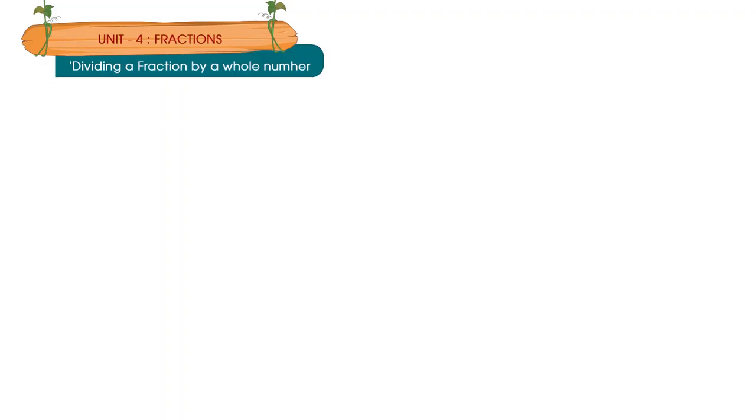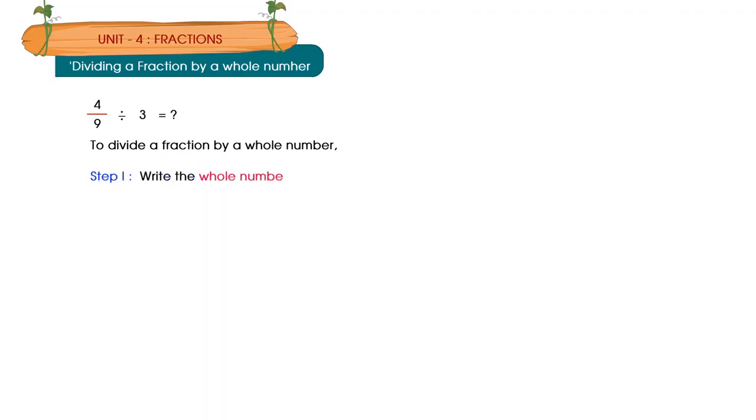Dividing a fraction by a whole number. 4/9 ÷ 3, how much? To divide a fraction by a whole number, step 1. Write the whole number as a fraction. 4/9 ÷ 3/1. Step 2. Find the MI of the divisor.